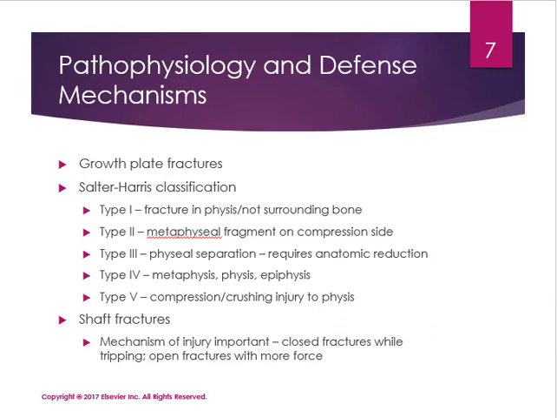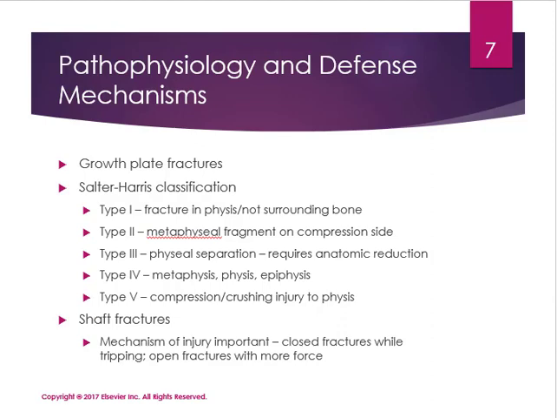And then type 5 is rare, as it's difficult to diagnose due to signs that you might see on radiology reports, because it's more a compression or crushing injury. Both type 4 and type 5 require reduction to prevent articular incongruity and bridging of the bone across the physis.